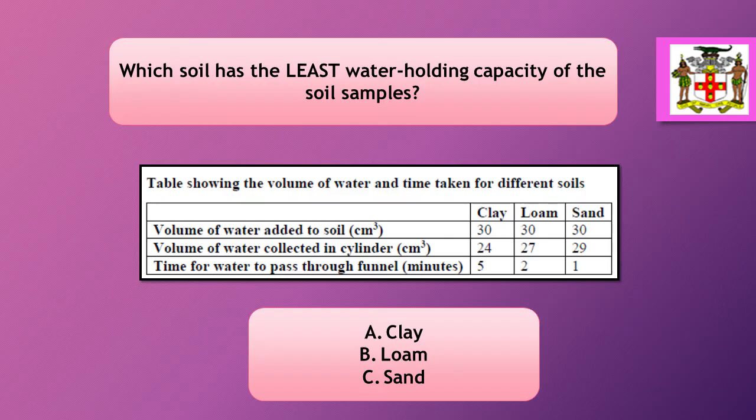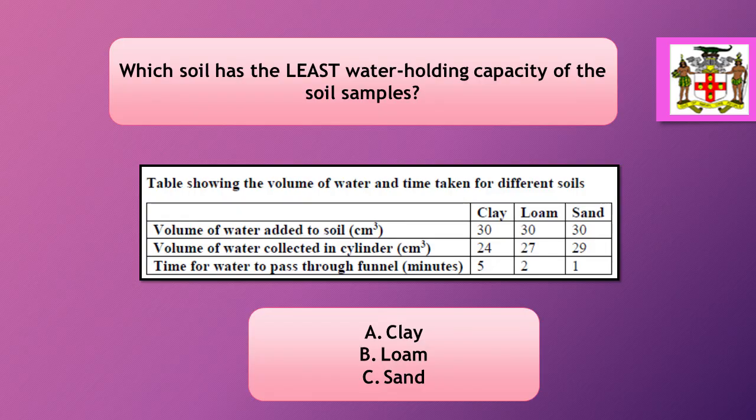Now if we add 30 centimeters cube of water to each soil sample, so it's the same volume of water that is added, the water that passed through, the water that was collected in the cylinder, 24 centimeters cube was collected for the clay, 27 was collected for the loam, and 29 for the sand. Now, what information can we get from that?